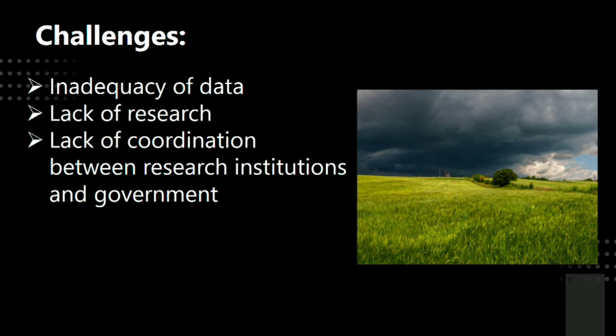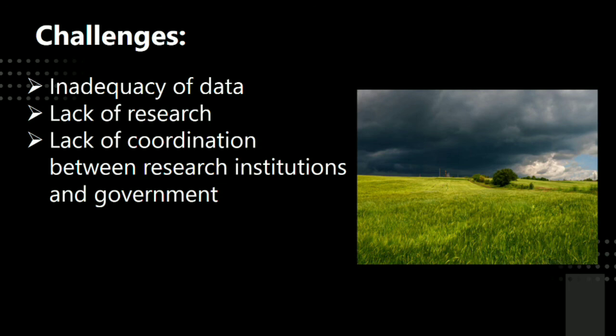Next is lack of coordination between research institutions and government. Despite some good work done by research institutions, their work is either not getting implemented in the field, or not getting considered by the government.